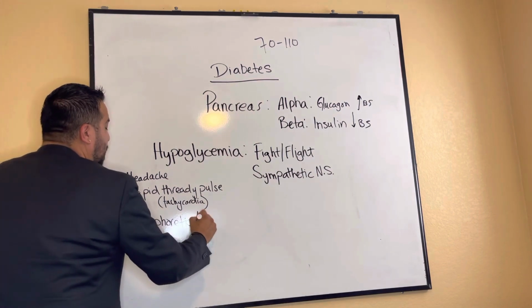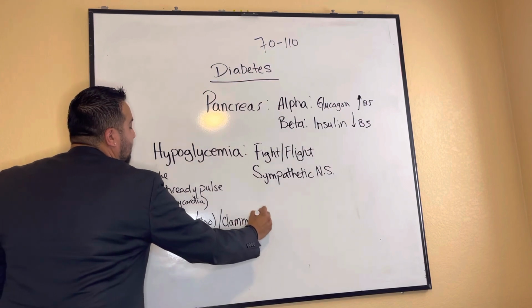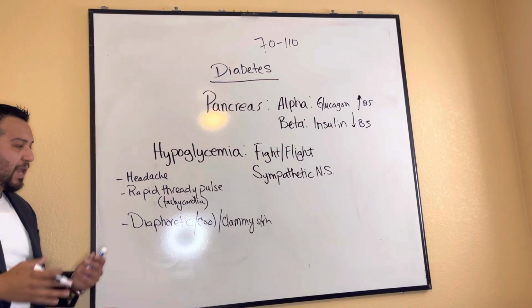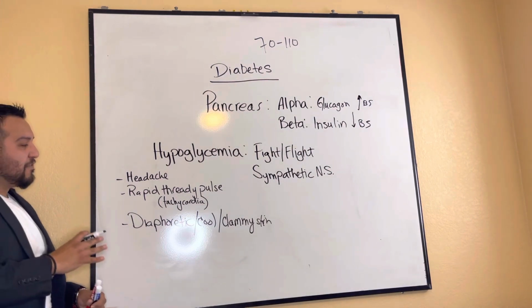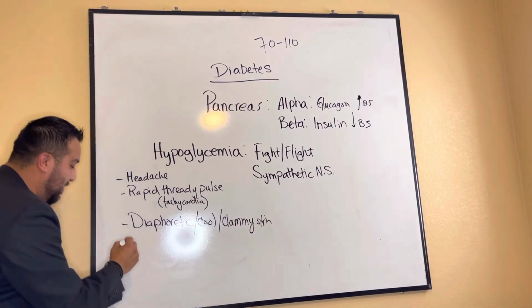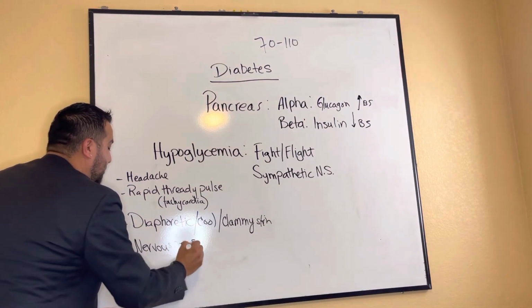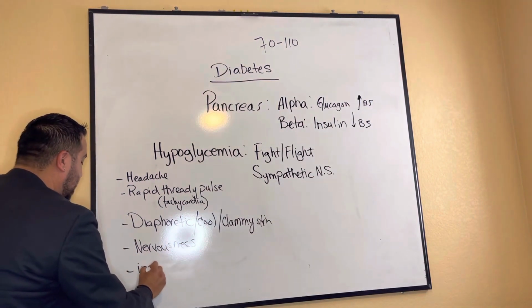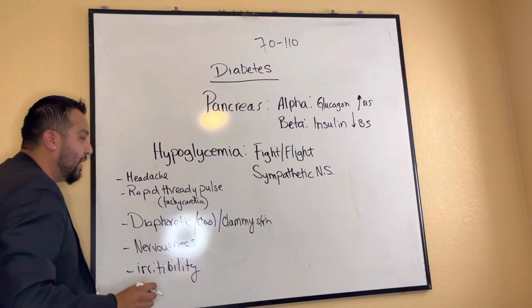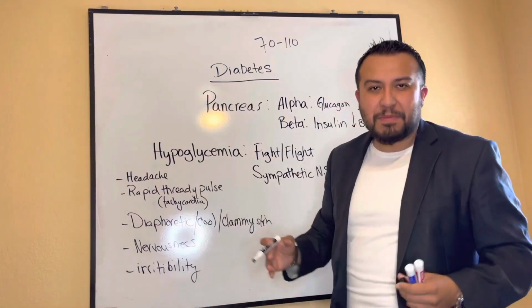Okay, you'll have cool diaphoresis, clammy skin. This is what's happening to your patient that has low blood sugar levels. They're also going to have nervousness, okay, irritability, okay. We can focus on each one of these clinical manifestations, and if you can memorize it, that's great.